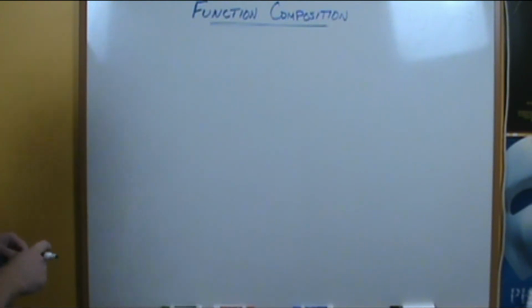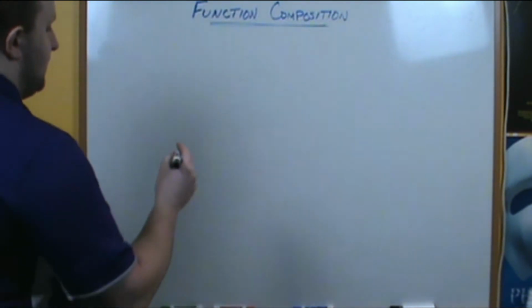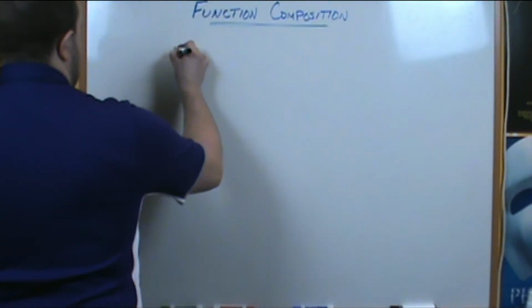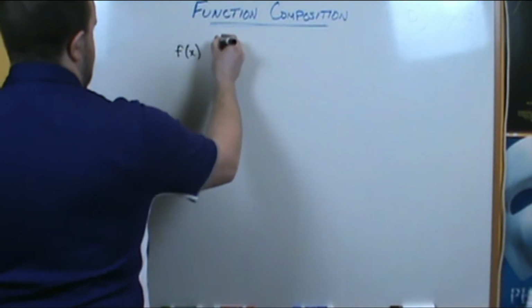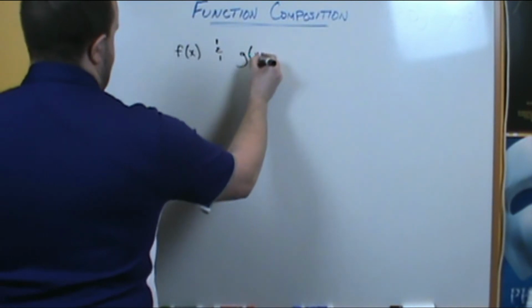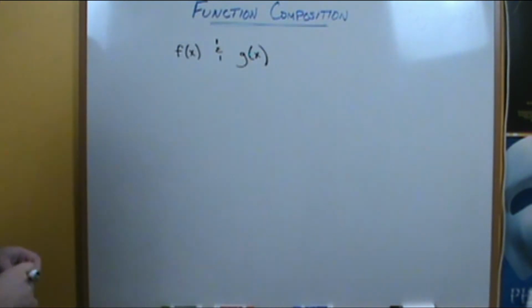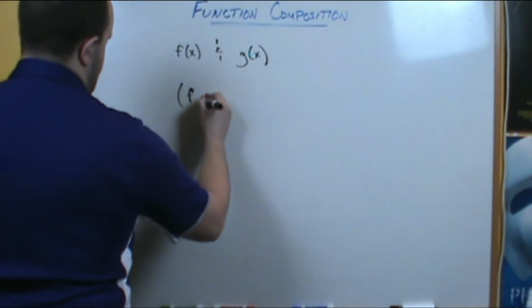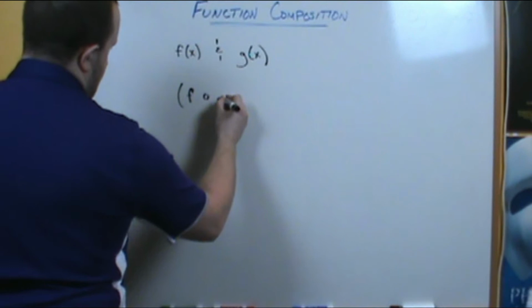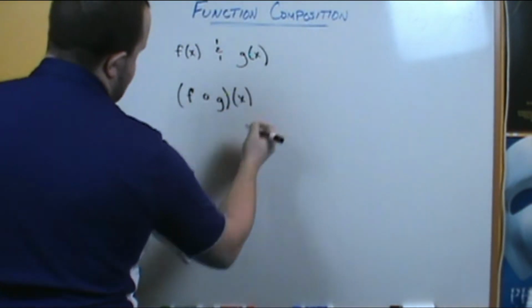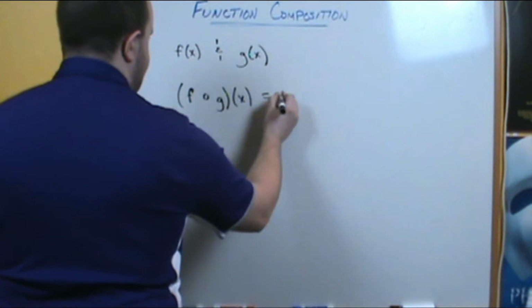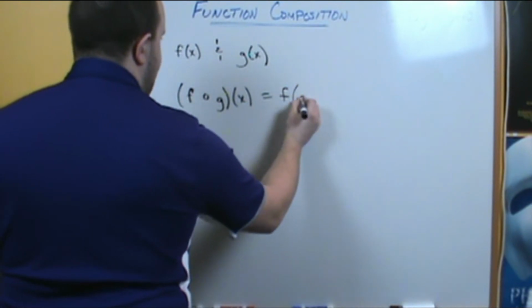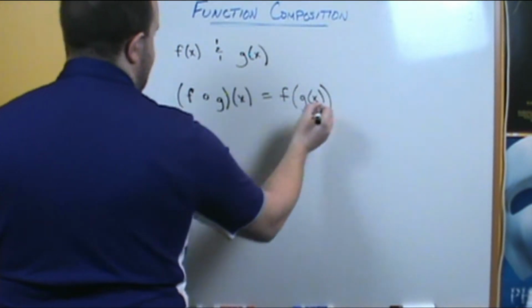To look at function composition from a generic point of view, if we have two functions, f of x and g of x, and we're looking to compose the function f with g of x or the function g of x with f of x, this is how that's written. It's written f composed with g of x, and that really is the function f evaluated at the function g of x.